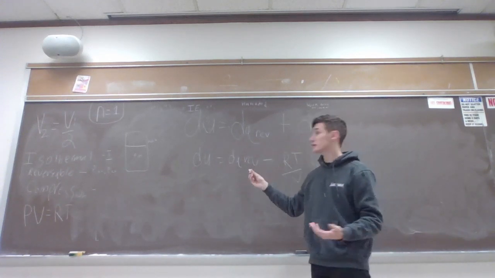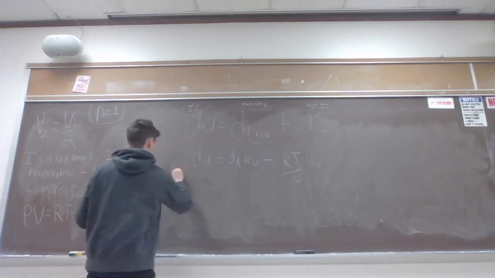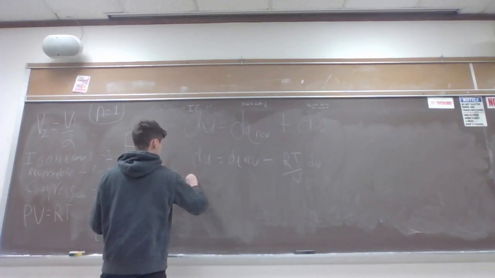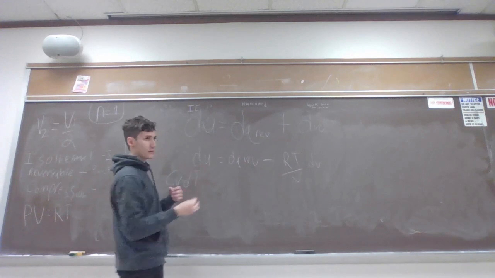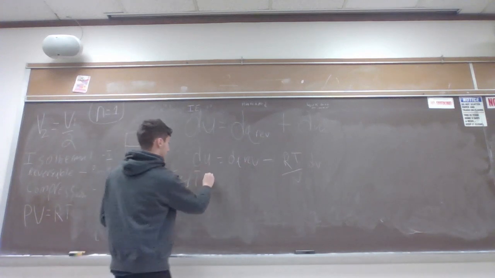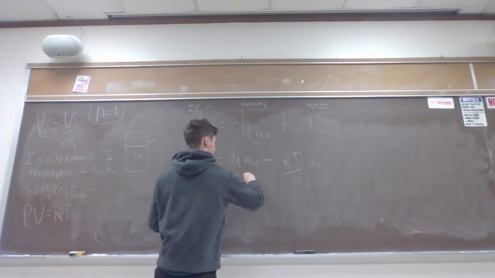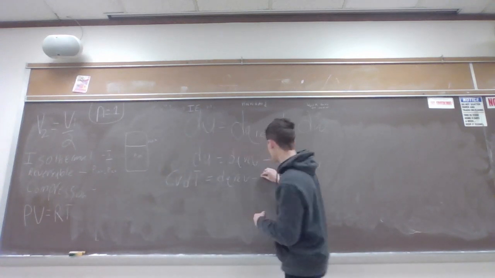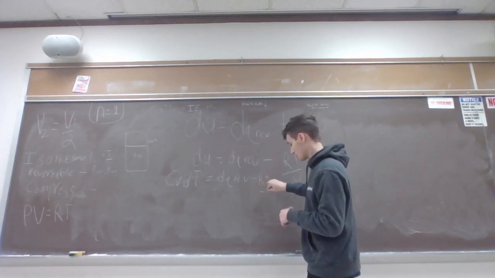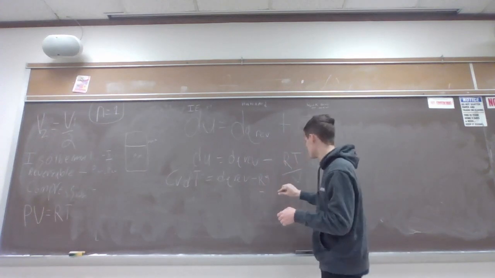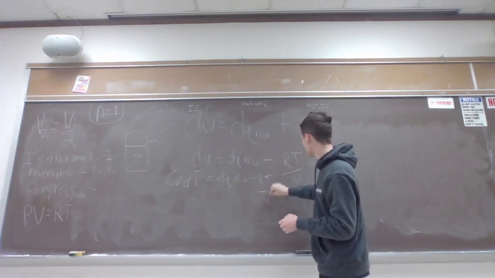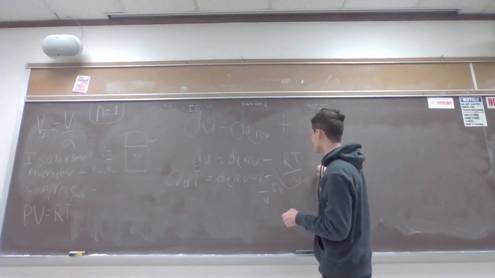But our internal energy can be written as Cv dT, or the heat capacity multiplied by the change in temperature, equals dq rev minus RT over V dV.